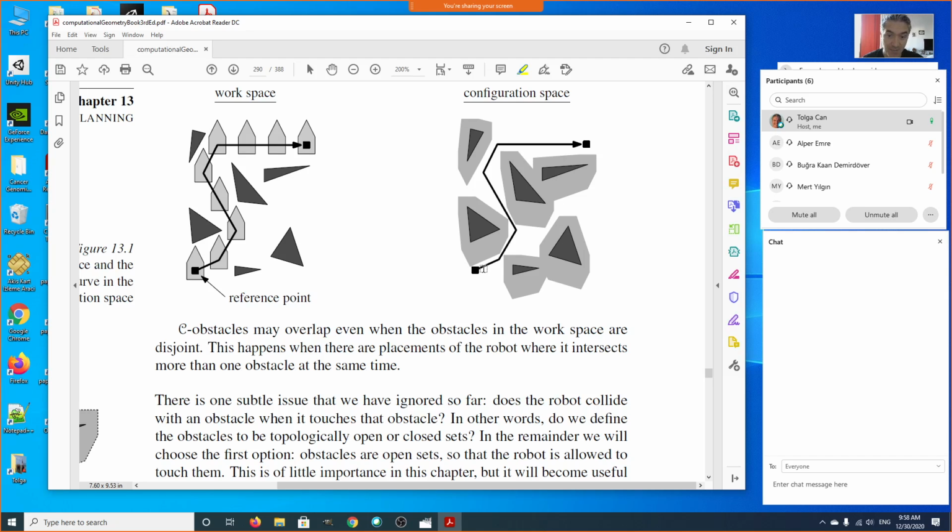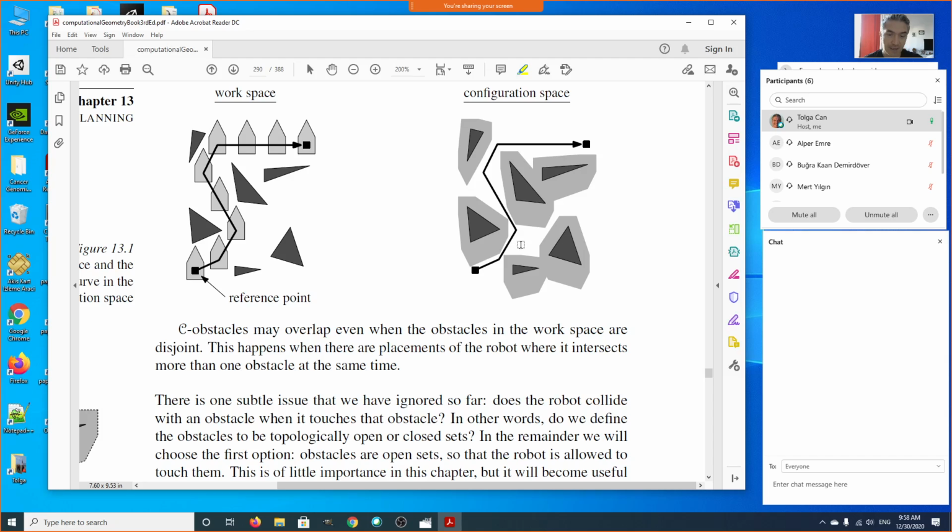That tx, ty becomes a point in this configuration space. So it's like converting your problem from a polygonal robot to a point-like robot, but this time, as you can see, the configuration space is not the same as your workspace.